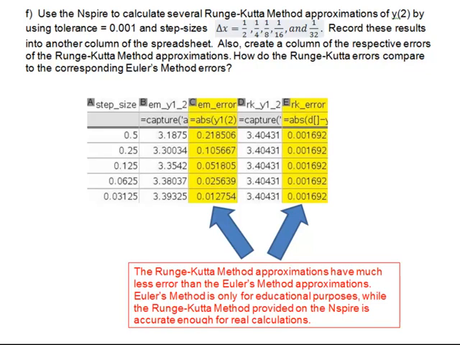Take-home point here is that the Euler's method is, after all, an educational method to learn at first, whereas for accuracy in real calculations, you want to get familiar with some other method, and the Nspire has provided a Runge-Kutta method that is actually quite good and should be used for any of your real calculations. Okay.